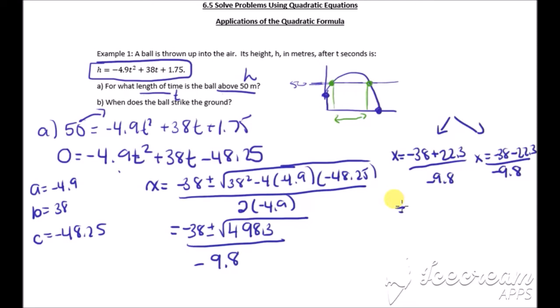So if we sub this into our calculators, for the first one we're going to get 1.6, and then with the double negative, we're going to get 6 point, let's round to 6.2.